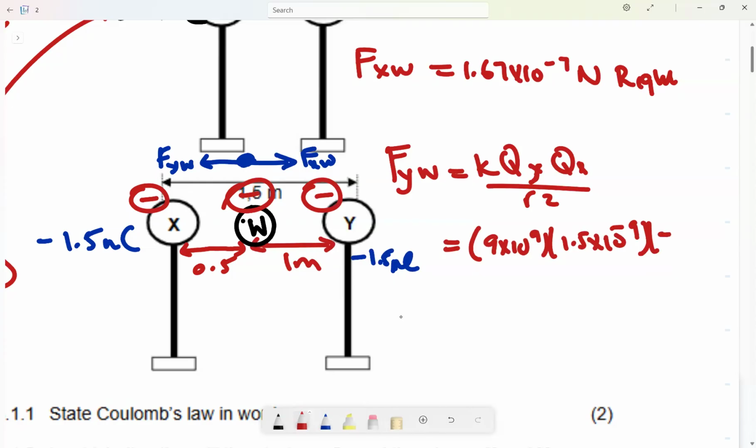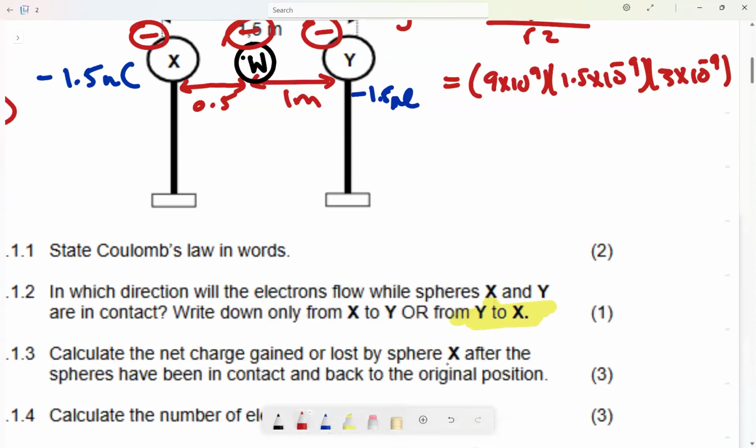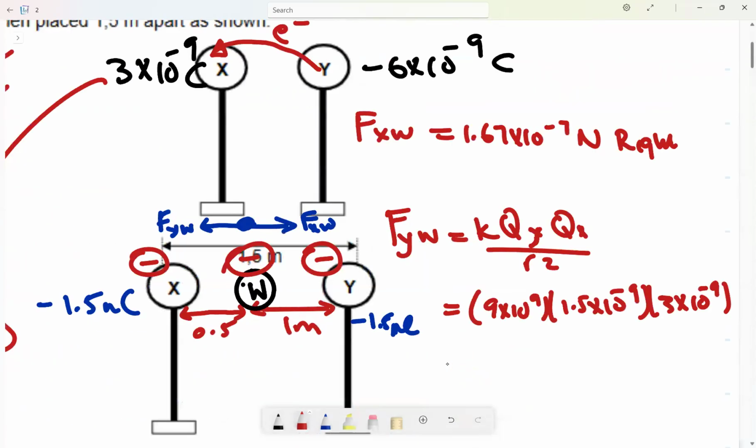Then that one is 3 times 10 to the power of negative 9. Remember, we do not accept negative in this formula. Divide by R squared. The distance between Y and W is 1 squared.